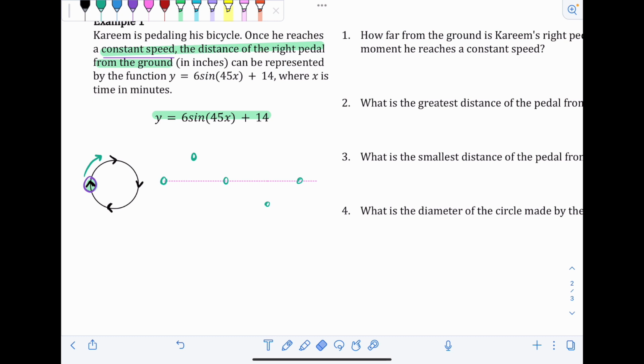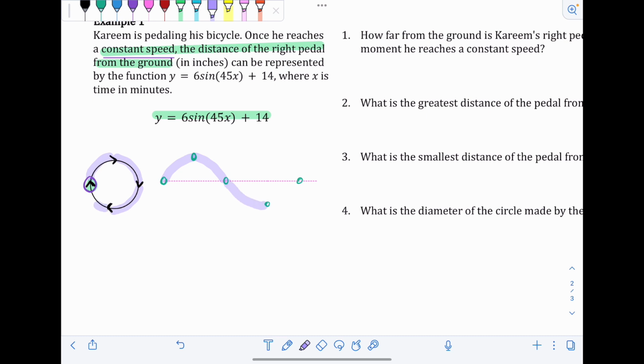Okay, so I just want to translate the movement around the circle to our graph, because this is one of the biggest things that we can pull from this whole unit. So he starts at the midline and goes up. That's this section. The height goes up on the graph. And then he goes from the maximum back down to the midline. That's this section. And then he goes from the midline, the middle height, down to the lowest point.